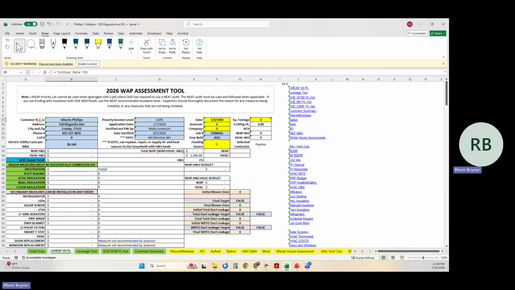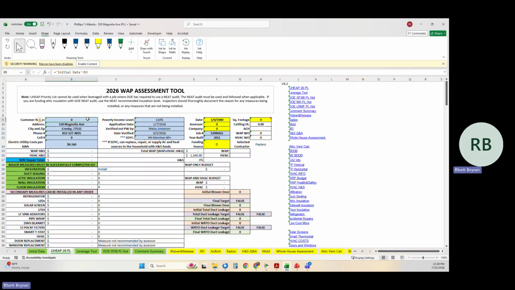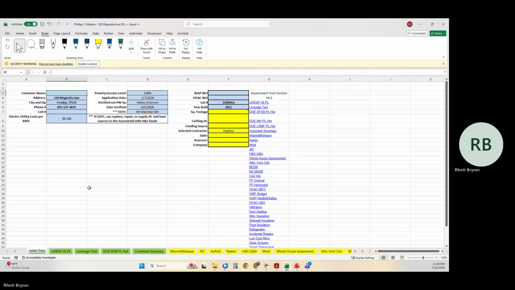On this tab, it's pulling from that first tab. If I delete that, you can see it disappears on the rest of these tabs. So that's bad. Don't ever mess with this information here. Make sure it's always entered and make sure you don't ever do anything to take it away.